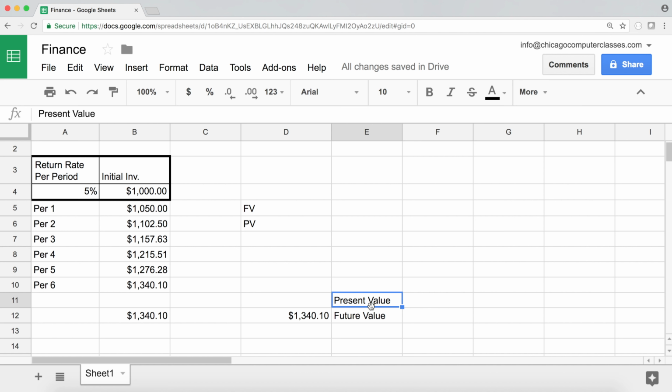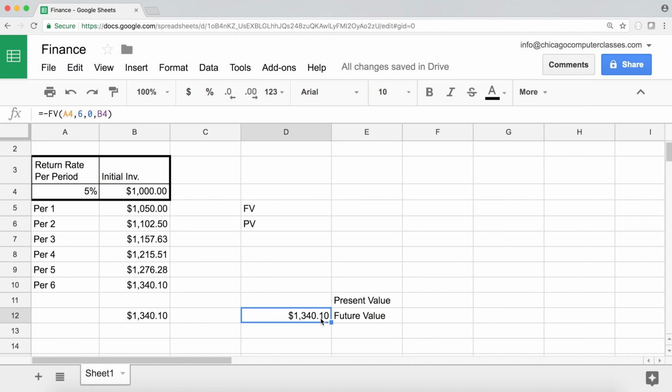So present value function is useful if you're trying to reverse this. So what I mean by that is, let's say we have what's our final future value, which is what gains are we going to get from an investment, and we know that we're going to get $1,340.10. That's the number we have.